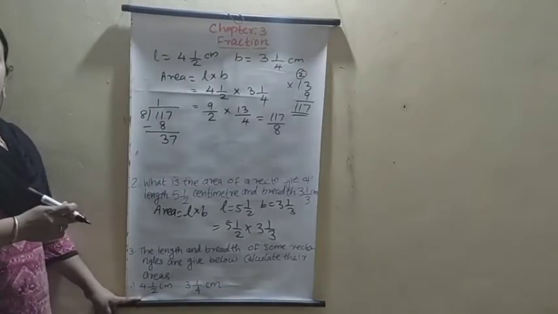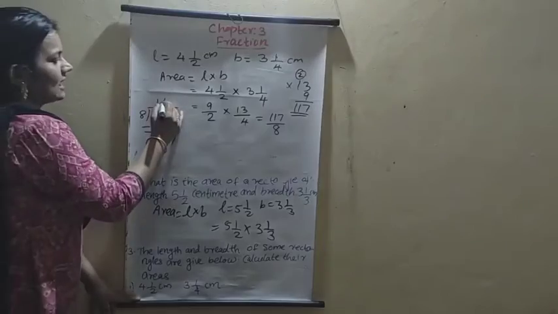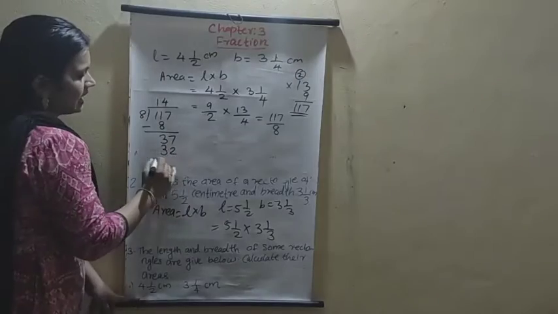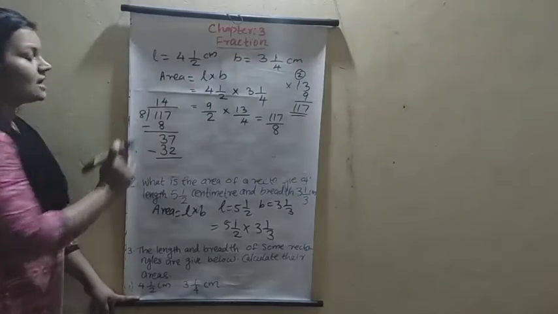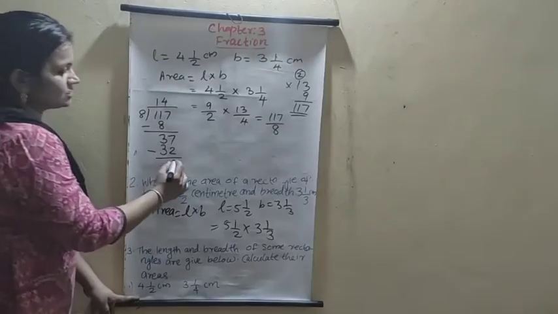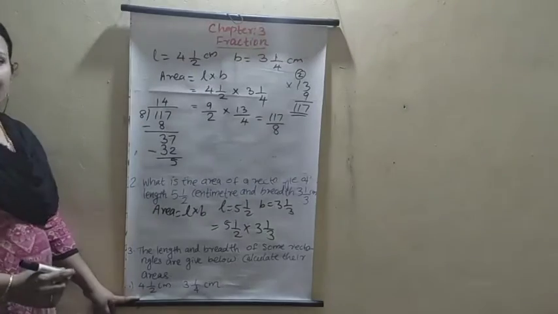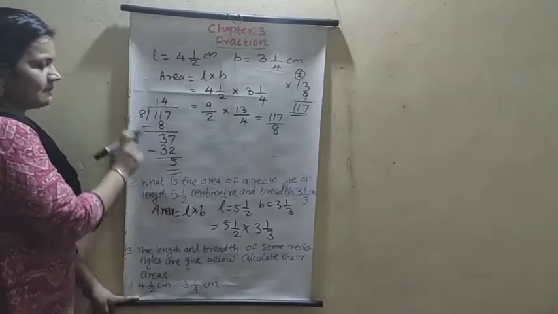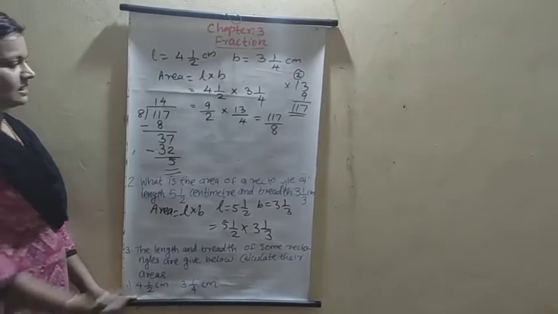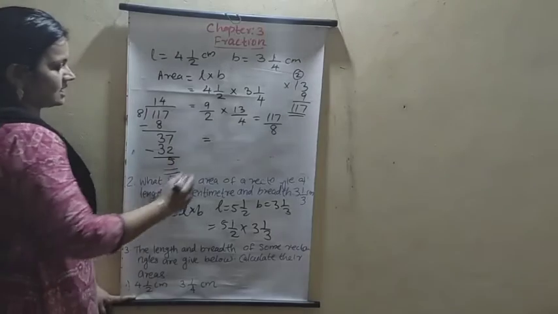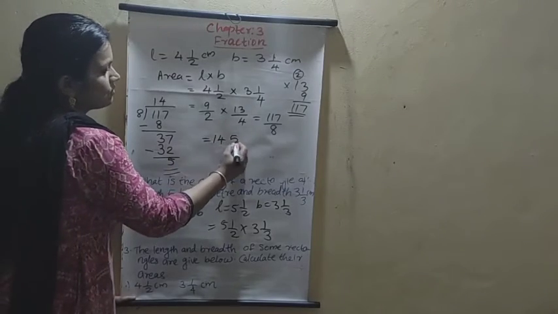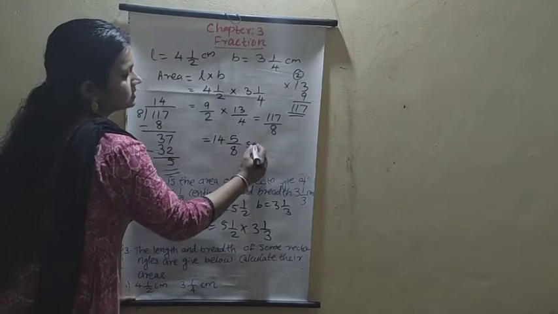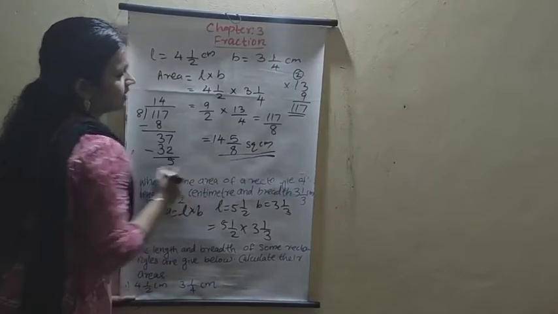Then how many 8s in 37? 4 times. 4 8s are 32. 37 minus 32 is 5. So we are getting the quotient, remainder and the denominator. Then I have to write the mixed fraction: 14 5 by 8 square centimeter.